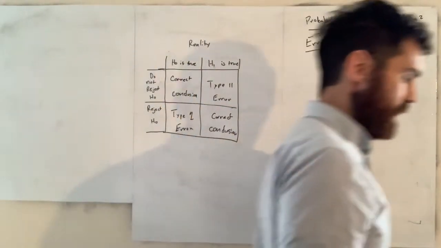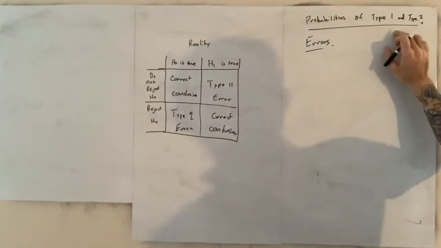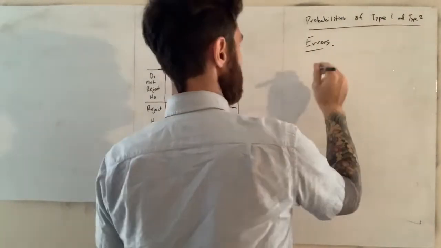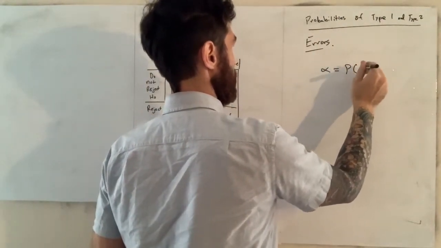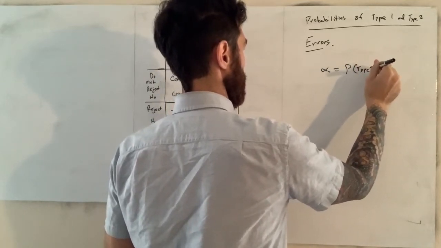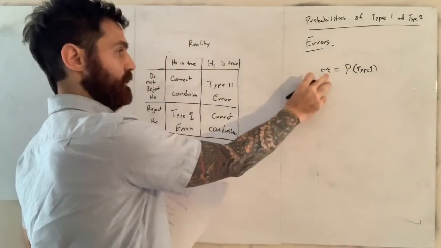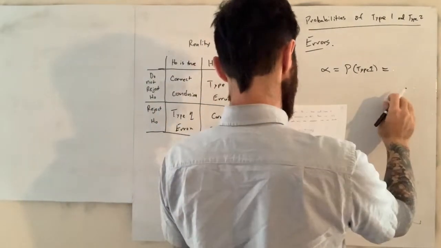So what we do here is we have probabilities set to type 1 and type 2 error. And they have names. The probability of type 1 error, we call that alpha. And we actually have a name for this.